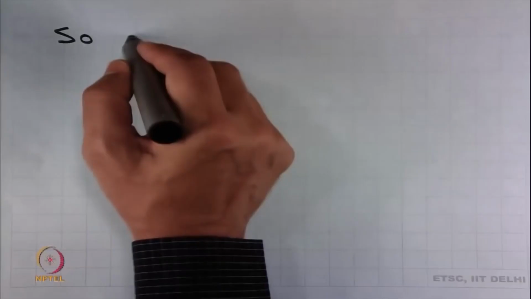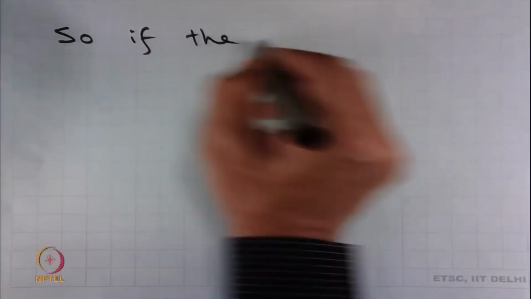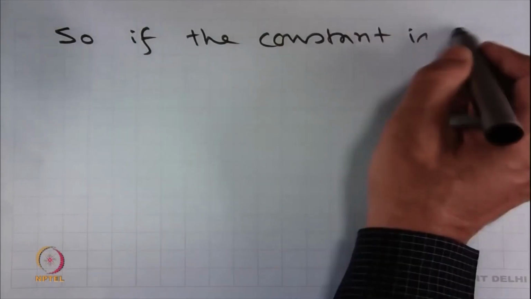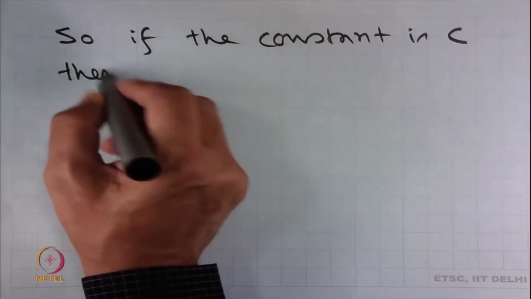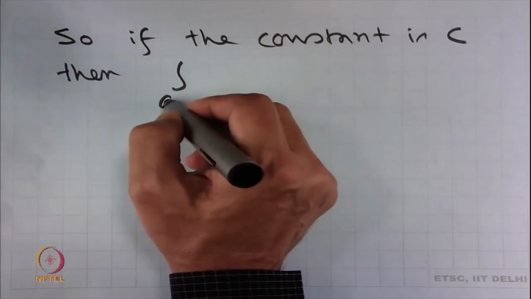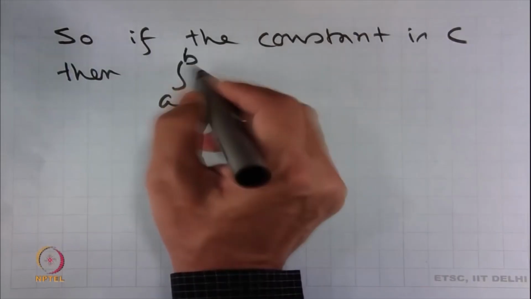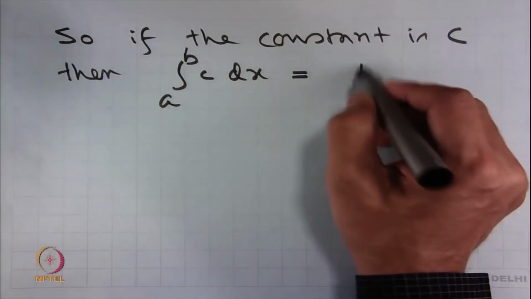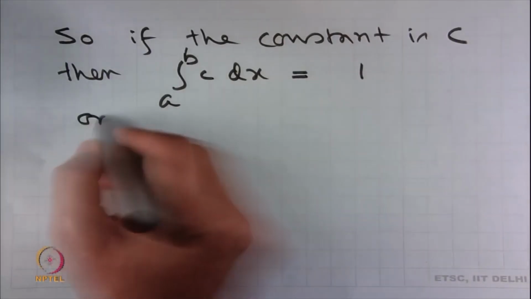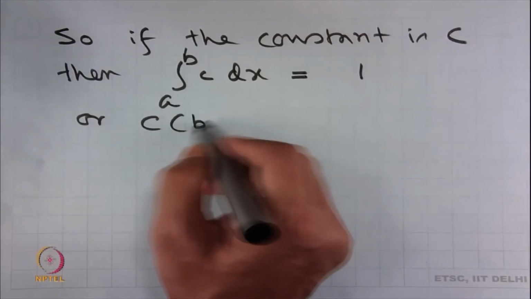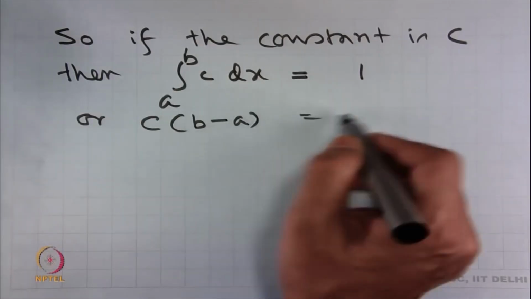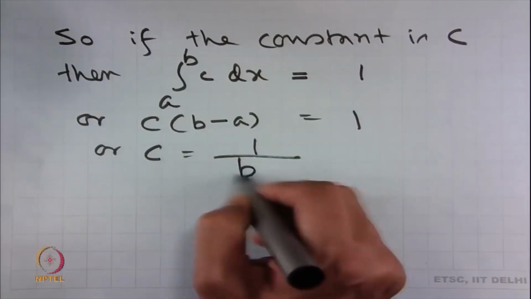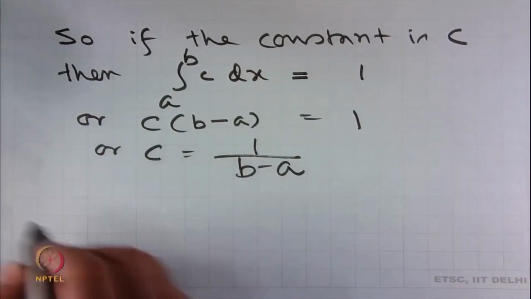So, if the constant is c, then integration a to b c dx is equal to 1 or c into b minus a is equal to 1 or c is equal to 1 upon b minus a.